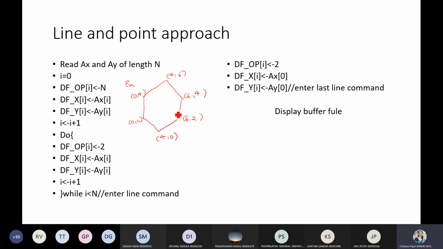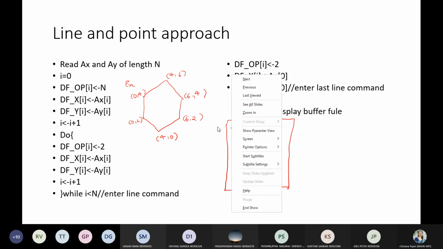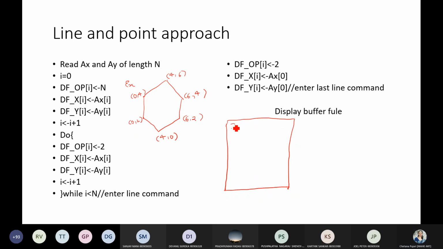Okay, so for example, this is a polygon which we are trying to draw. In order to draw it, we are going to make use of something called a display buffer file. Display buffer file opcode: an opcode is nothing but a set of instructions.